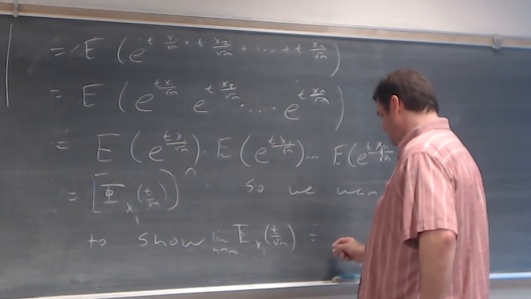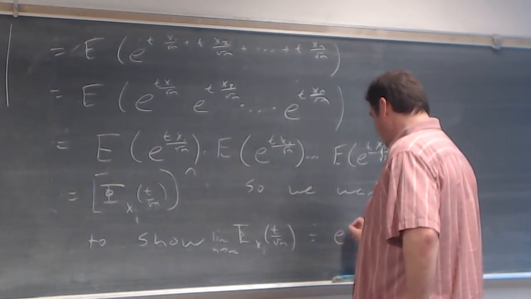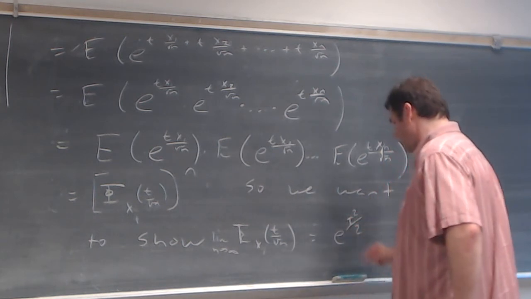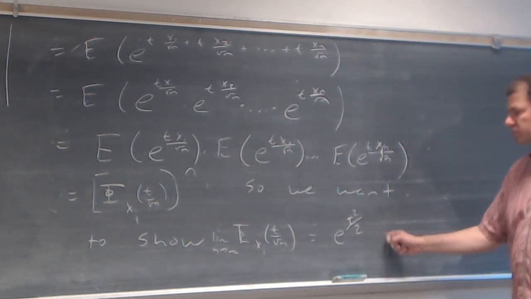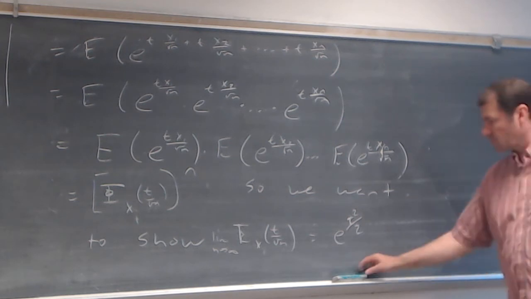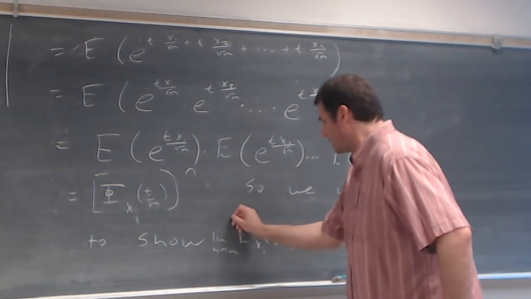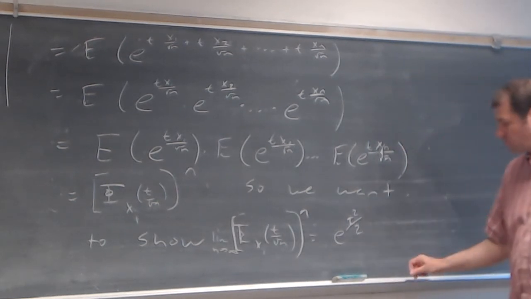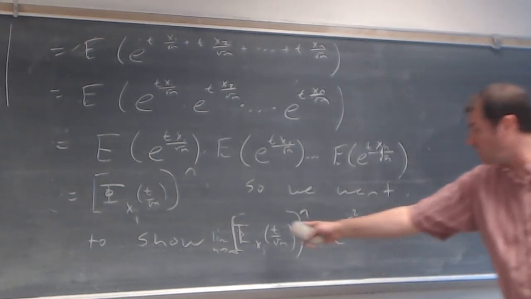And so what was that? That was e to the t squared over 2, the moment generating function for the standard normal. That's what we want to show. And I made a mistake here. It should be this quantity raised to the nth power. Okay, that's what we want to show. So we're going to be looking at this limit.